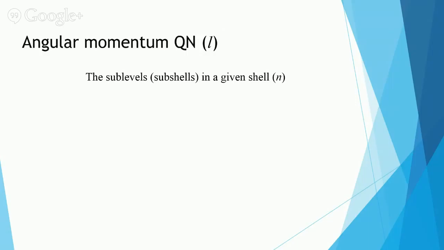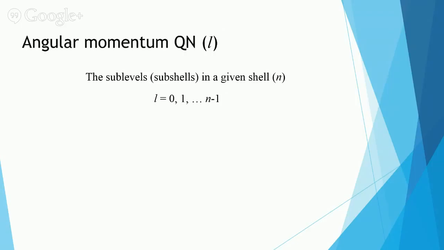The next quantum number is sometimes called the angular momentum quantum number. Sometimes it's called a different quantum number. It refers to the sublevels or subshells that can be in a given shell. So the rule is that for whatever shell you're at, whatever the value of n is, L can be 0, 1, all the way up to n minus 1.